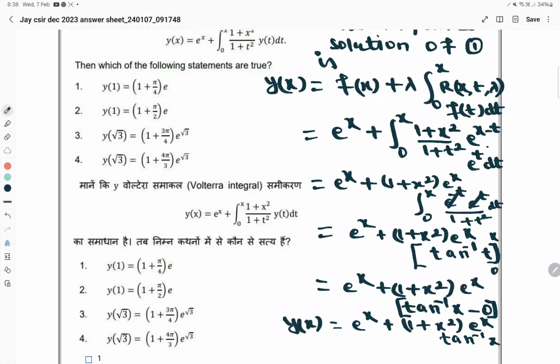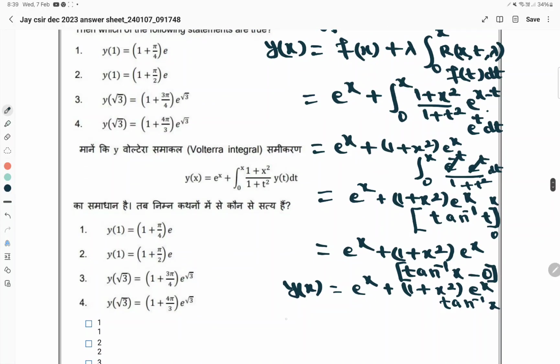I am going to check the answer for y of 1 and y of root 3. I am going to give the value for x, that is 1, for the first option, to see whether the first option is the correct one or the second option is the correct one. Since I am putting x equal to 1, e plus 2e tan inverse of 1, and tan inverse of 1 is pi by 4.